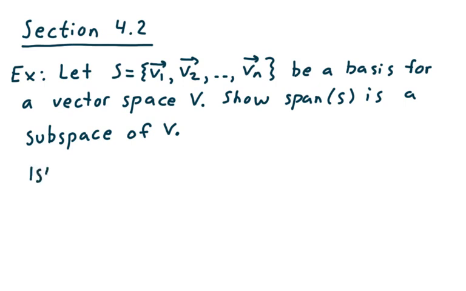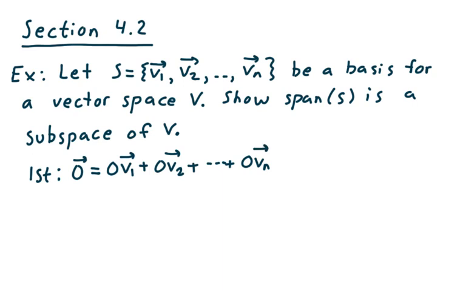First, we want to show that the span of S is non-empty. And I want you to notice 0 is equal to 0v1 plus 0v2 plus all the way through until 0vn.